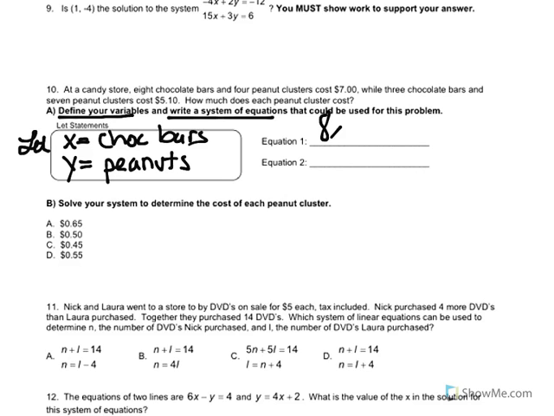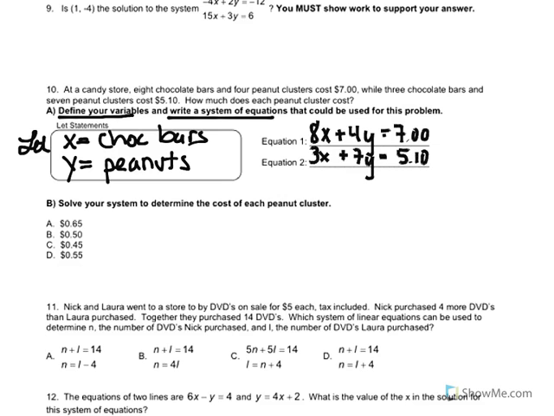So 8 times x plus 4 times y equals 7. And then, 3 chocolate bars plus 7 peanut clusters equals $5.10.